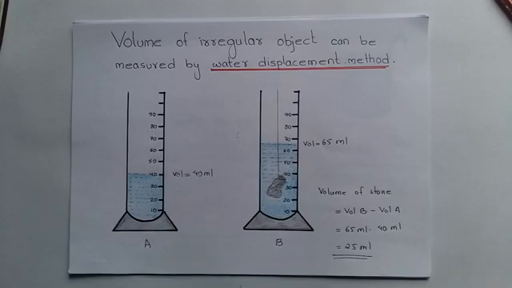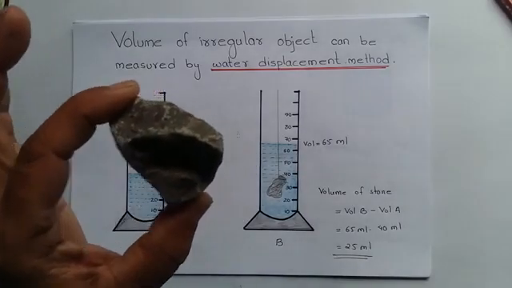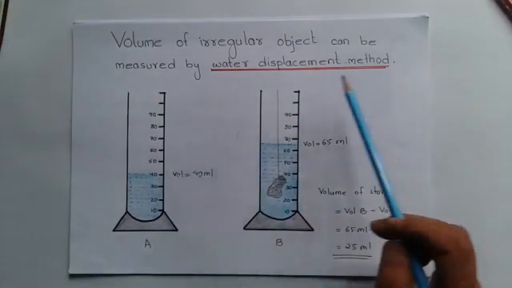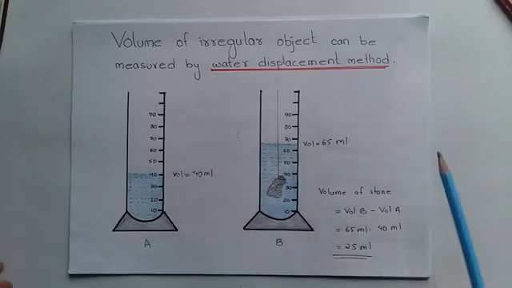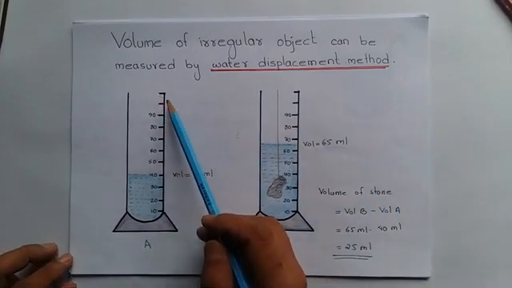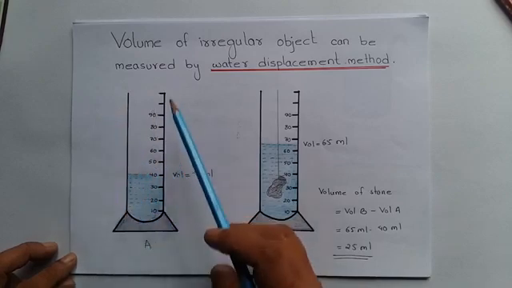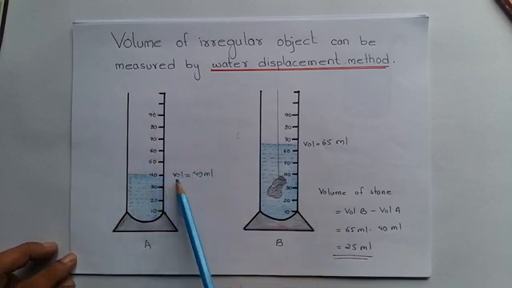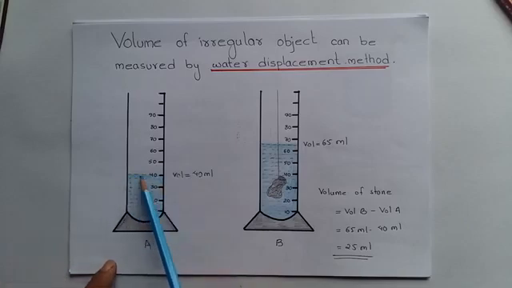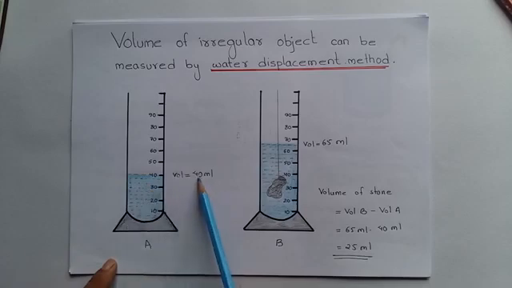Volume of an irregular object like a piece of stone can be measured by water displacement method. What we do is we take water in a measuring cylinder and read the level of the water. Suppose here we have the level of the water, that is the volume of the water is 40 milliliter. It is the volume of water.